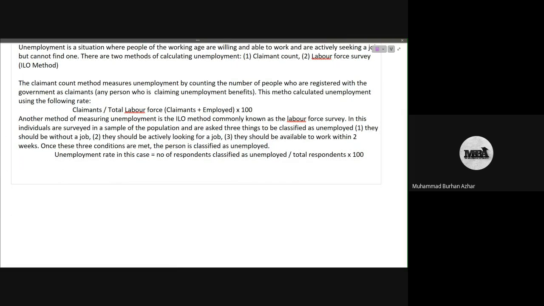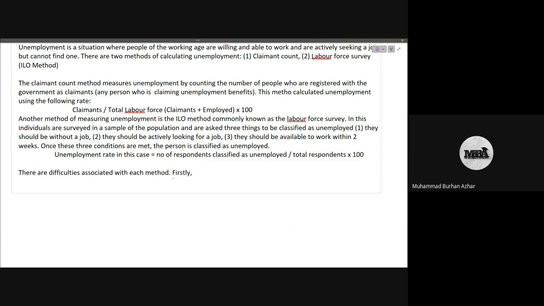Now we need to explain what are the difficulties in measuring unemployment with both of the methods. So there are difficulties associated with each method.